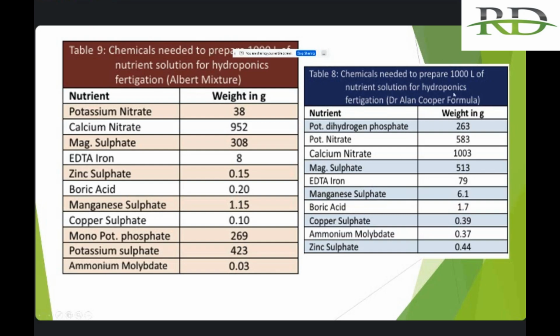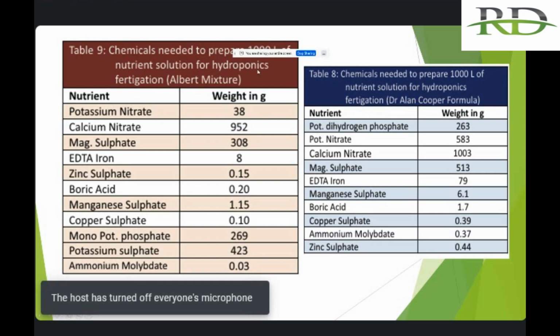Okay, this is another example of a formula for making the hydroponic solutions given by Dr. Alan Cooper. I think it is well understood now how you can prepare any hydroponic nutrient solution in 1000 liters, right? And accordingly, you can calculate for 100 liters how much it will be. Supposing for 100 liters, it will be 3.8 grams, like that. You just have to calculate.